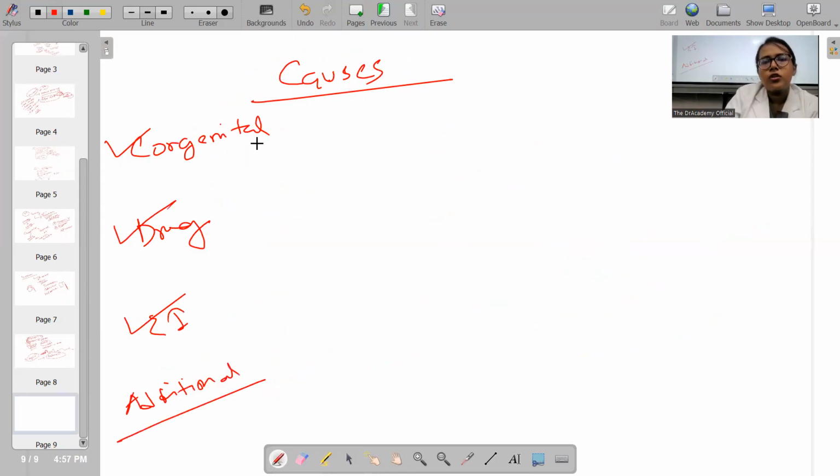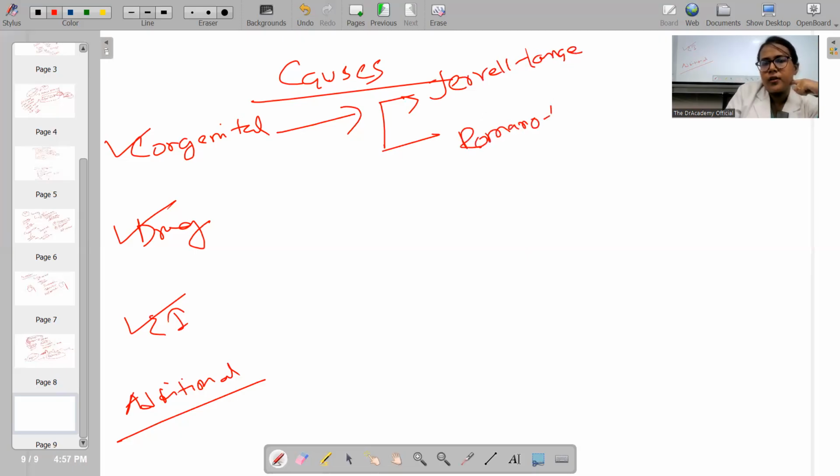The common congenital causes, 2 important for MRCP purposes, are Jervell-Lange-Nielsen and Romano-Ward. These occur because of a problem with the ion channels in our cardiac muscle.